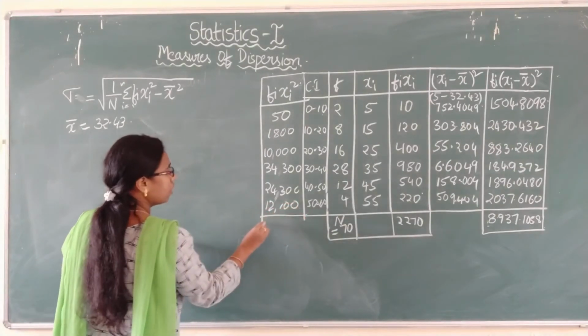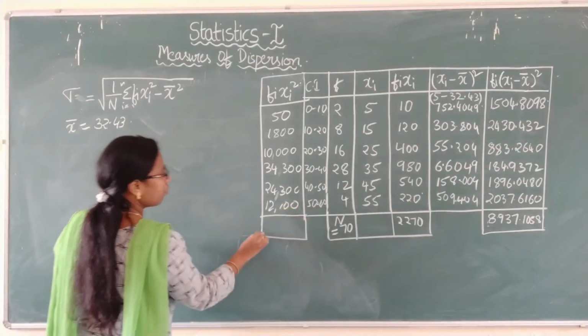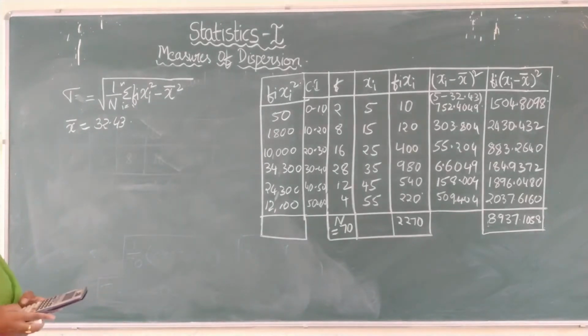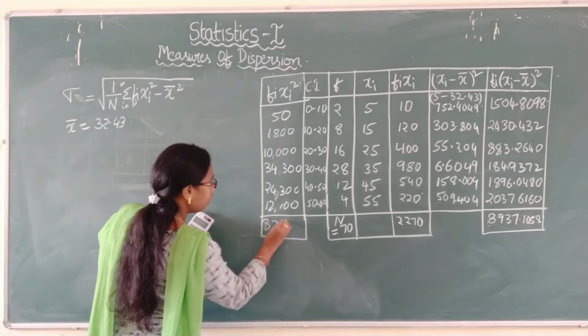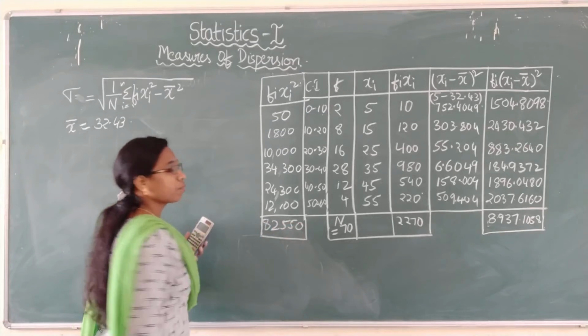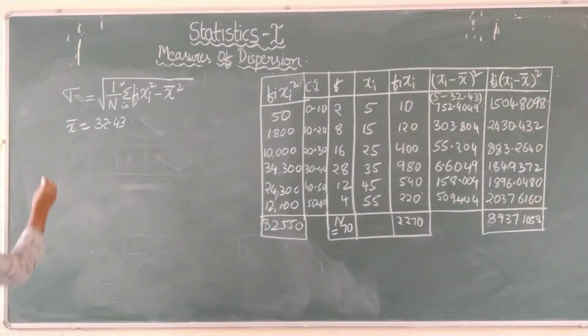Now we got all the required values. Find the summation for this: 50 plus 1800 plus 10,000 plus 34,300 plus 24,300 plus 12,100. You will be getting the summation as 82,550. Now take that summation value.